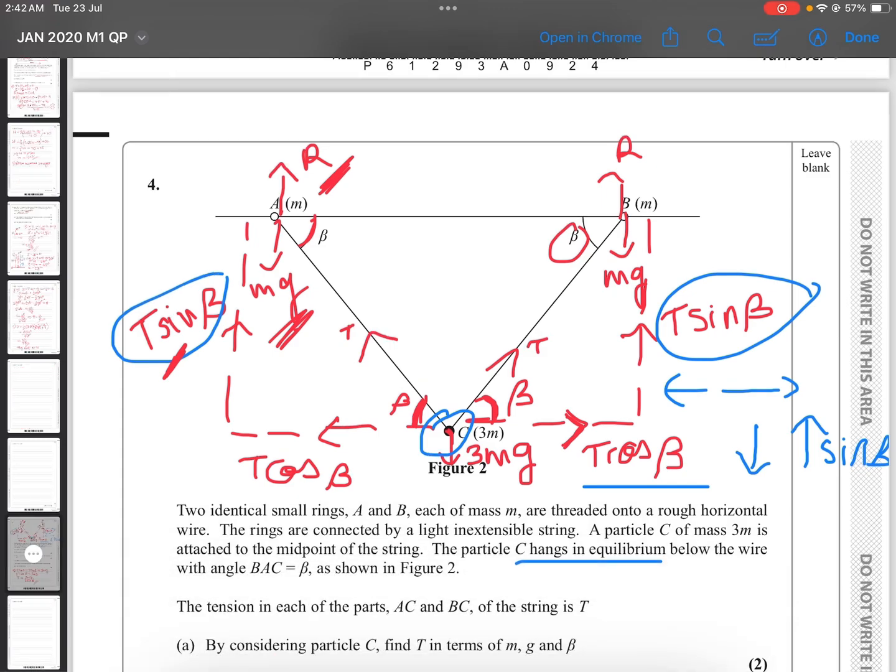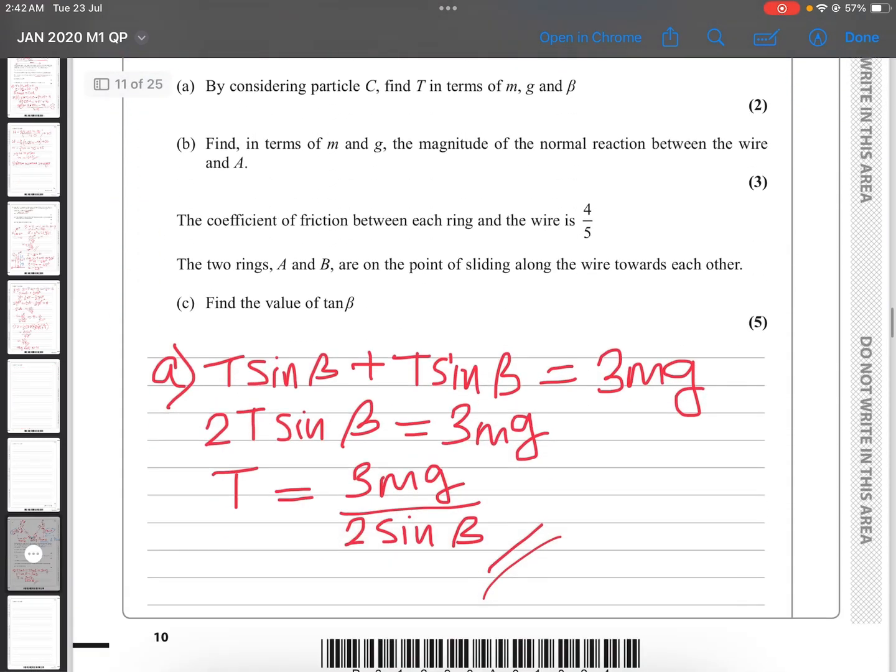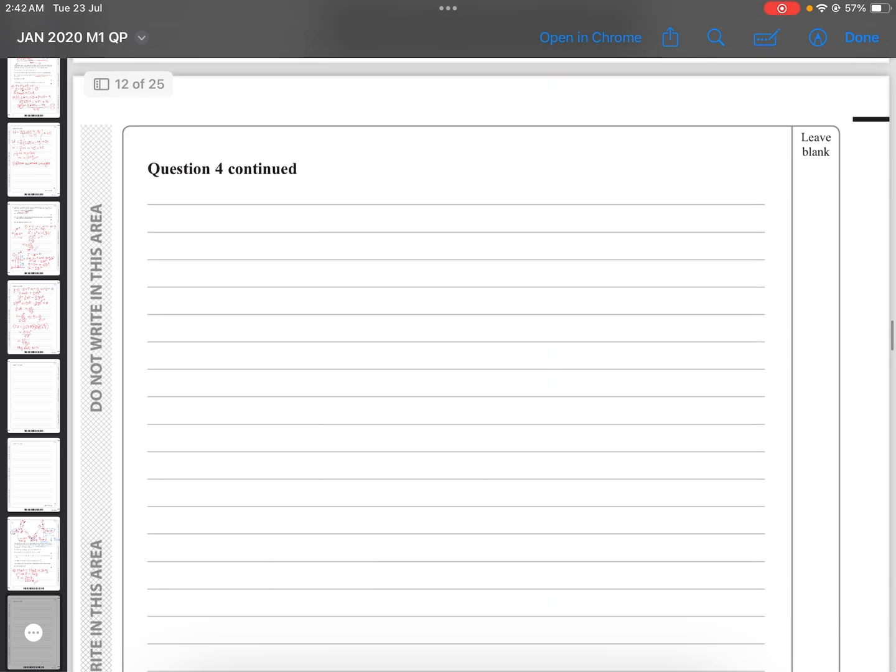Now again we will use the statement that total upward forces is equal to total downward forces.